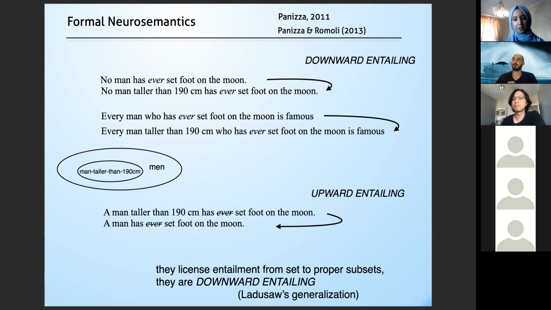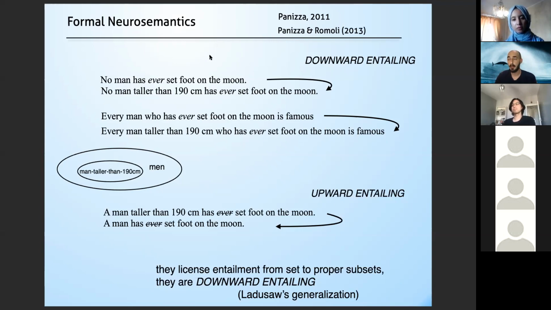Now let's try the other trick. If I tell you a man has set foot on the moon, can you conclude that a tall man has set foot on the moon? Can you conclude that the man I told you about is actually tall? No, right? It's not a warranted inference or a warranted implication out of what I told you.